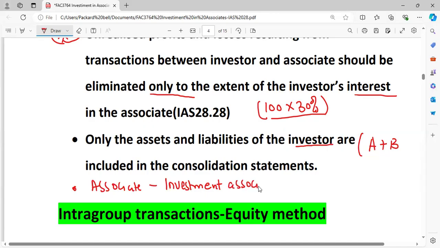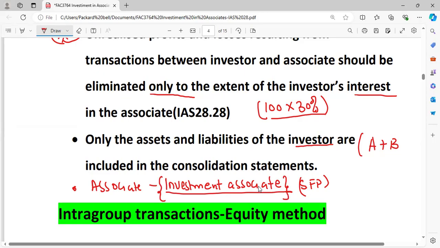So what you take to the statement of financial position is this one line item. You need to calculate this investment in associate before you do your statements. Then you take this investment in associate to the statement of financial position. So the only assets that we are going to see are those for the investor. Then for the associate, we only have this one line item, investment in associate.